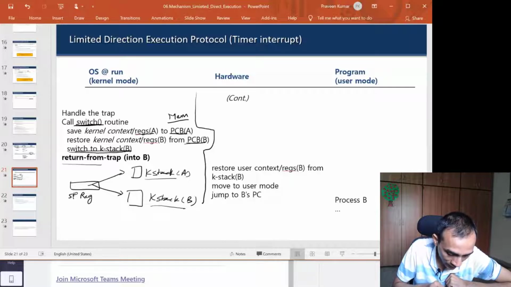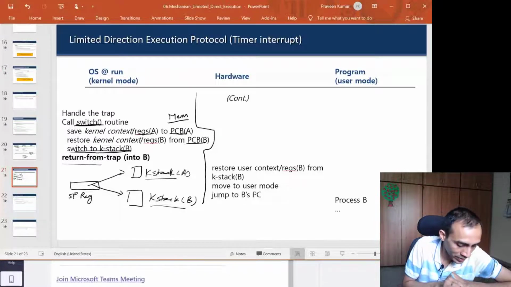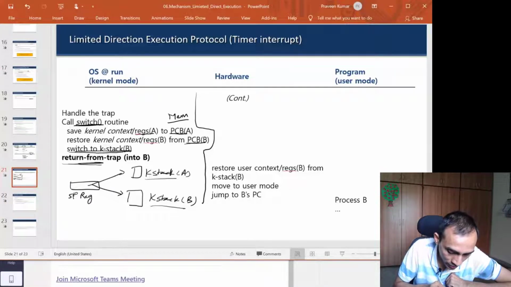So now what will the hardware do? The hardware is now going to use this kernel stack. It is going to do the regular thing which it does when it returns from trap. It is going to restore the register values from the kernel stack, and currently the kernel stack being pointed to is the kernel stack of B. So it is going to read from there and fill up the values of the registers and the user context.